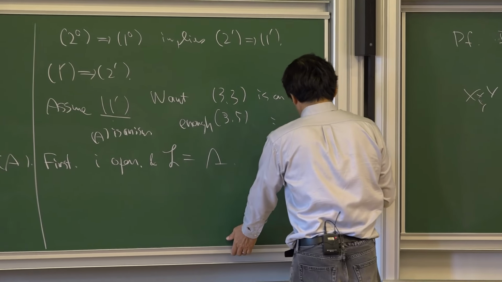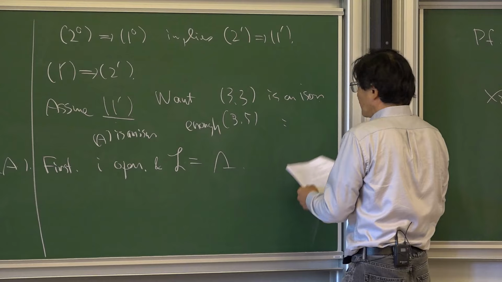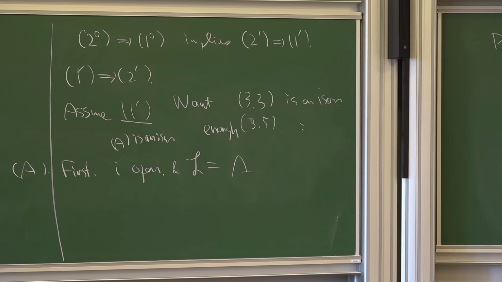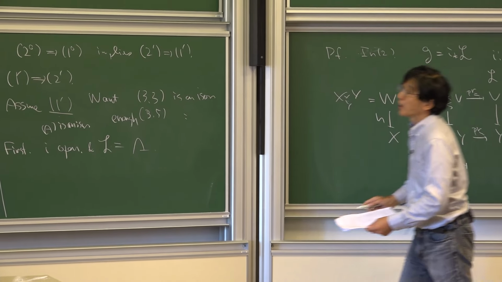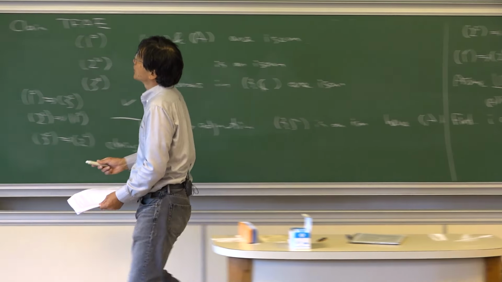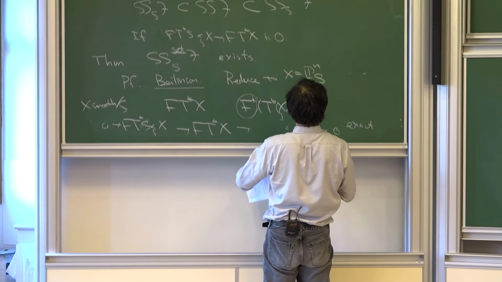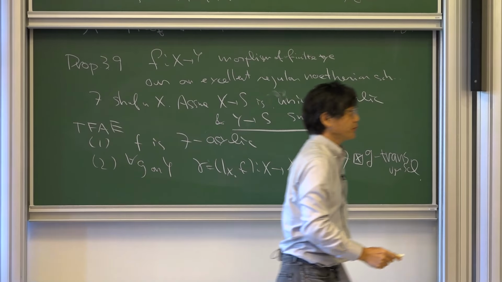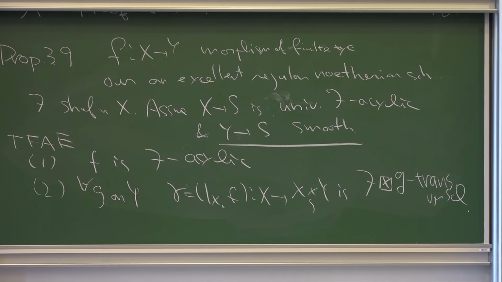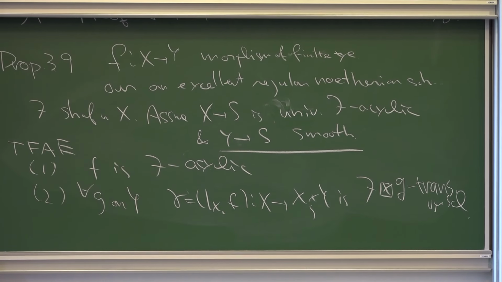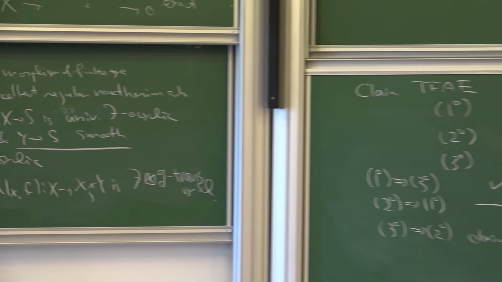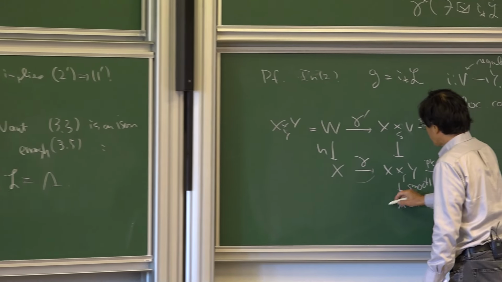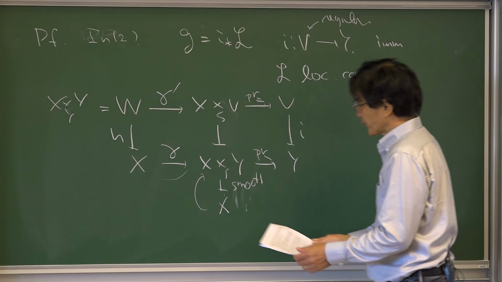So in this case, why is it smooth? So this base change is smooth. So this gamma is a section of a smooth motion.